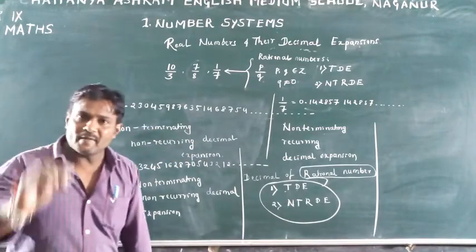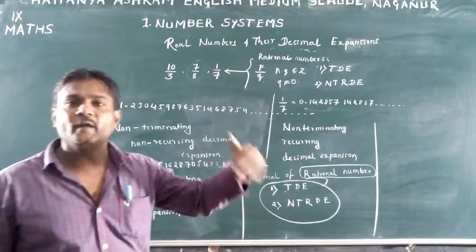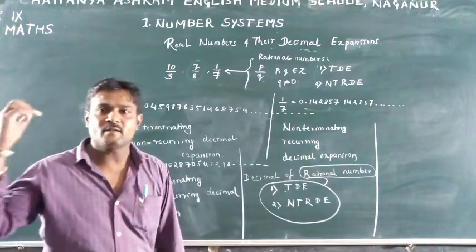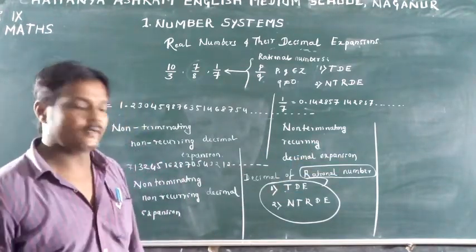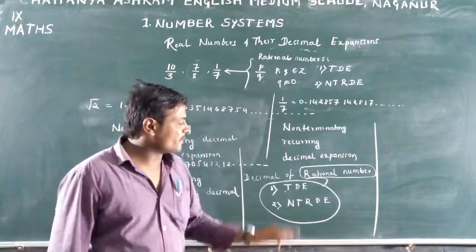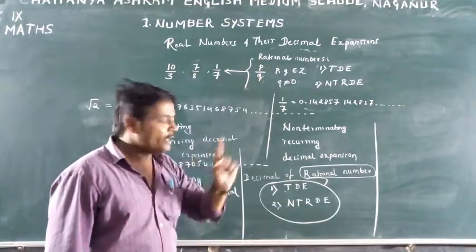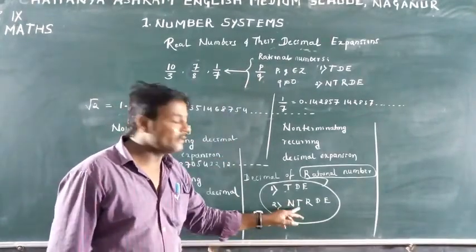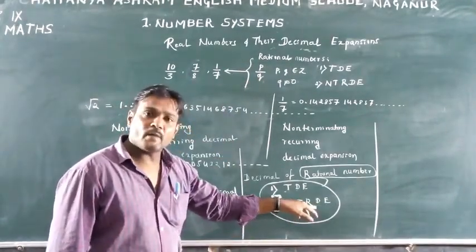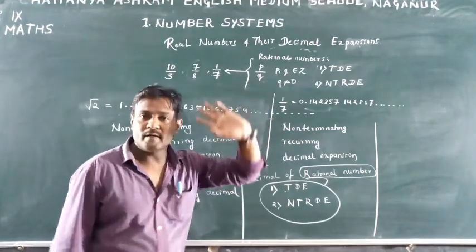So if a decimal expansion is non-terminating, non-recurring, then that is of an irrational number. If a decimal expansion is terminating, that is of a rational number. If a decimal expansion is non-terminating, recurring, that is of a rational number. Clear?